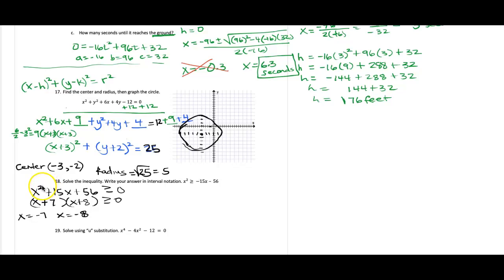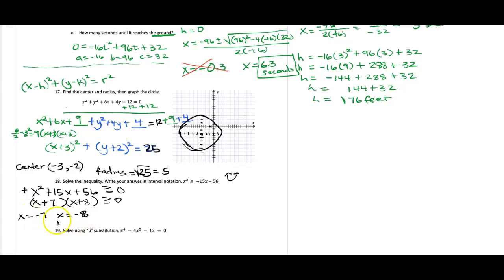There are so many different ways this can be taught. For me, I think about it and say, okay, this is a parabola. The leading coefficient is positive, so I know it's a right side up parabola, kind of a U shape.